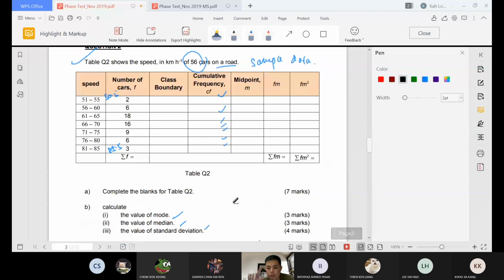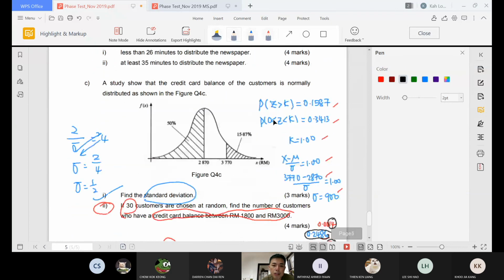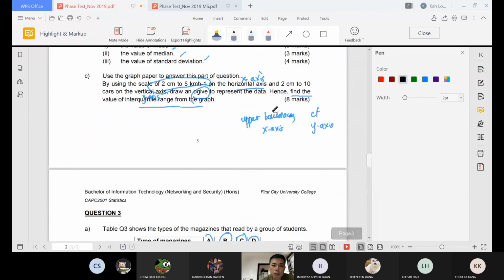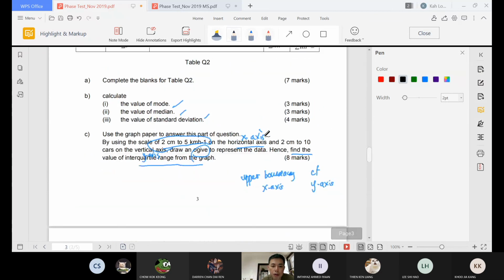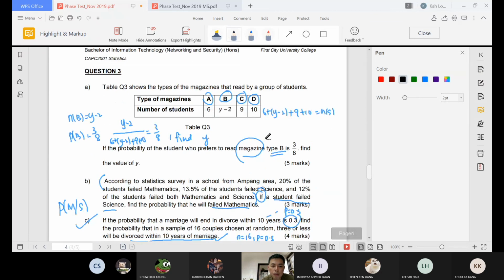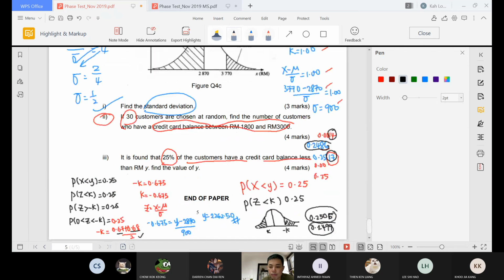Questions 1 and 2 maybe I will shift a little bit, but 3 and 4 will remain the same. Questions 1 and 2 are still over statistics, whether grouped data or ungrouped data, still under that scope. But questions 3 and 4 fix the structure.